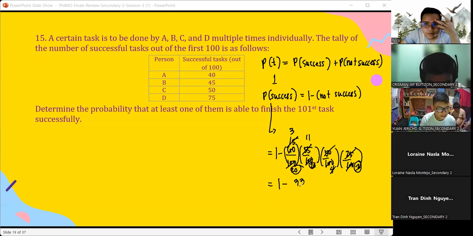So it's 33 over 800. So the answer here is 767 over 800. Correct?